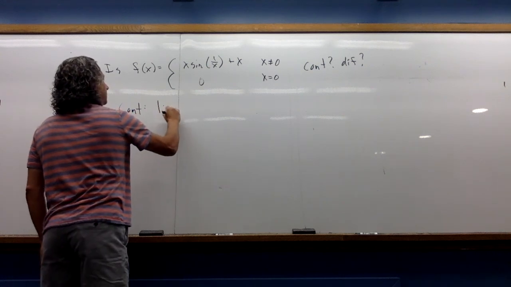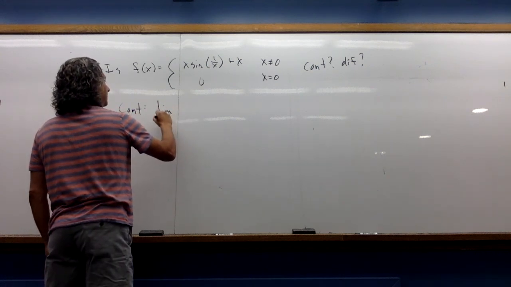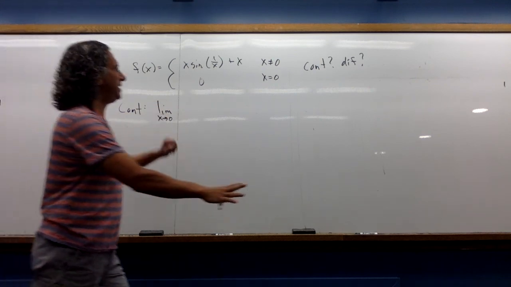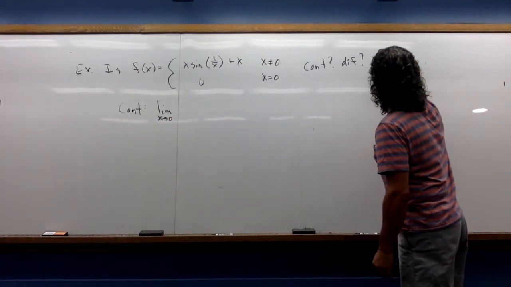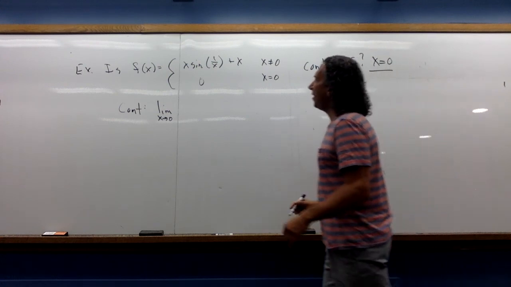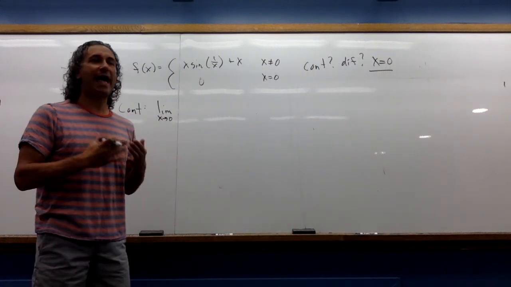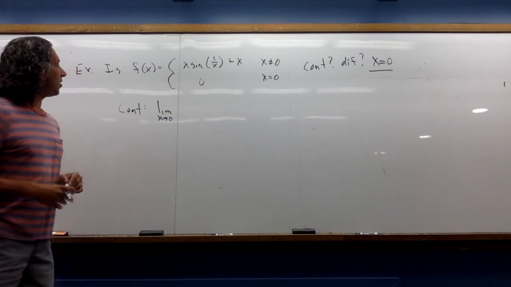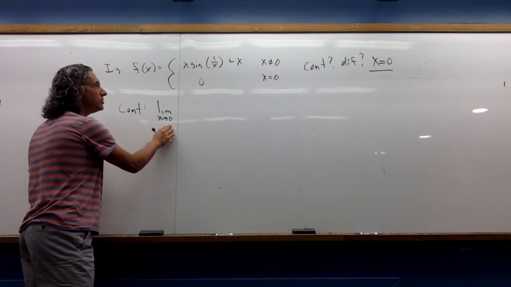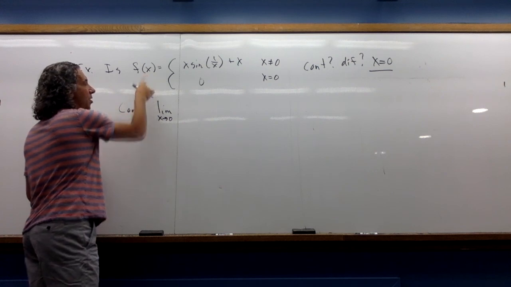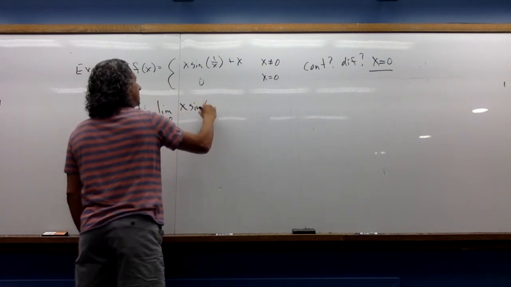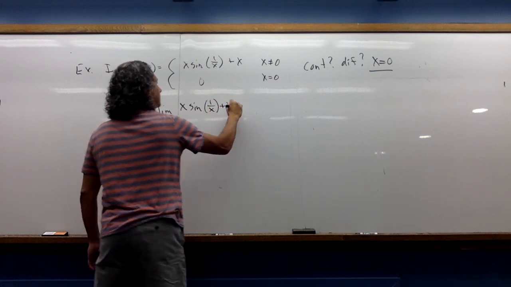The limit as x approaches 0. And I need to be clear here. My question is, is this guy continuous? Is it differentiable at x equals 0? That's what I'm interested in. So for the continuous part, let me take the limit as x approaches 0 of my function. Well, if I'm approaching 0, then x is not equal to 0, and we have x times sine of 1 over x plus x.